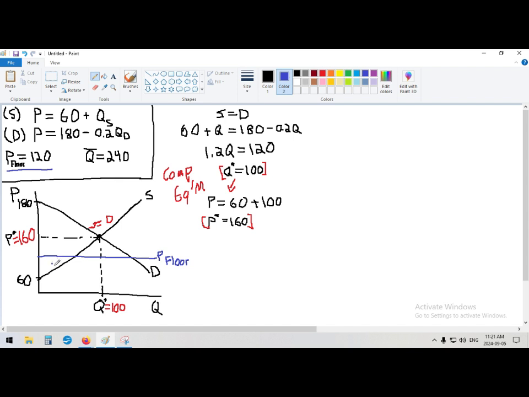And with a price floor, you can't go below. So it says you can't go below 120. Well, we were already at 160. So you're just going to go right back up to competitive equilibrium.